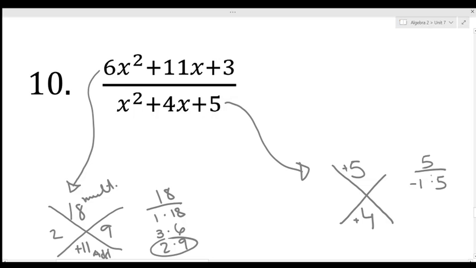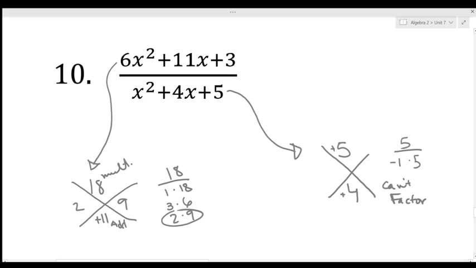If I do a negative and a negative, negative 1 times negative 5 gives me a positive 5, but when I add those, that gives me negative 6. Okay, if I do negative 1 and positive 5, well, when I multiply those, I get a negative 5, so that's not going to work. So that means it can't factor.